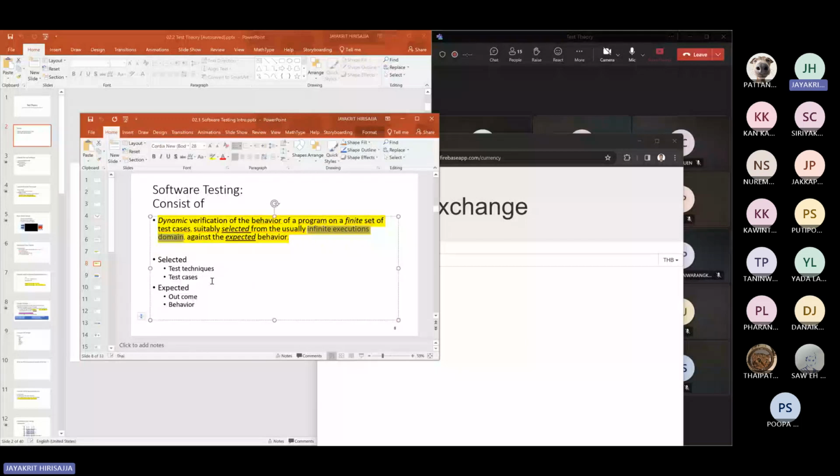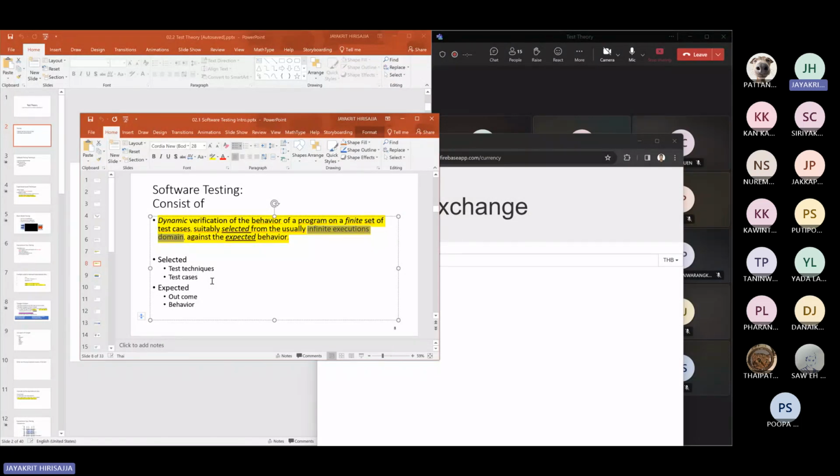normally when we deliver our software to the customer, the customer will use it. For example, if you develop a game and make it available online, and 10,000 users are playing your game, the number of executions happening in your game is more than 100,000, more than a million.